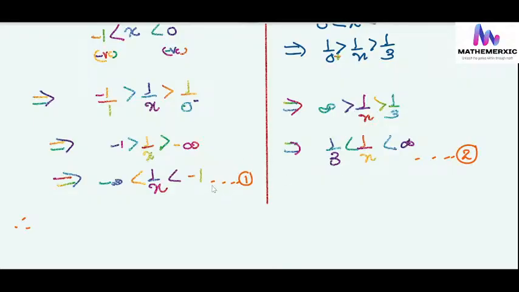Therefore, 1 by x belongs to minus infinity to minus 1 open bracket, union 1 by 3 to infinity.